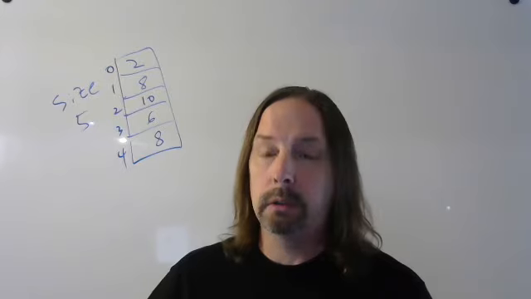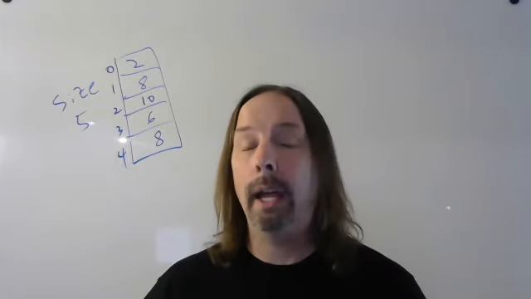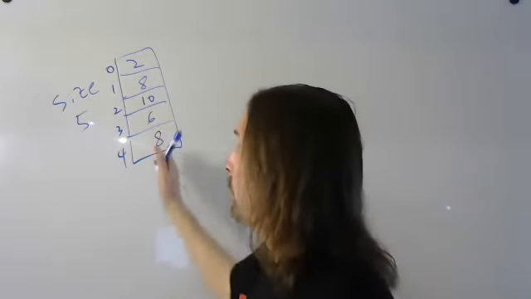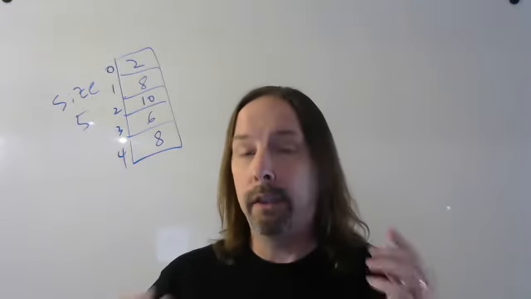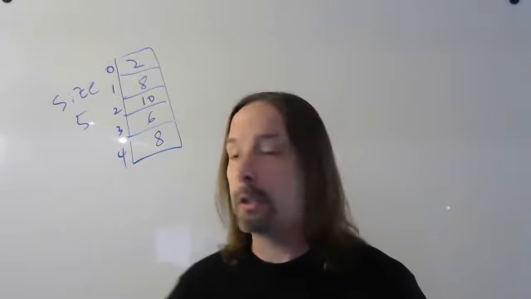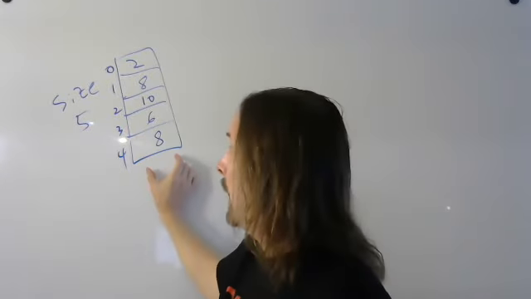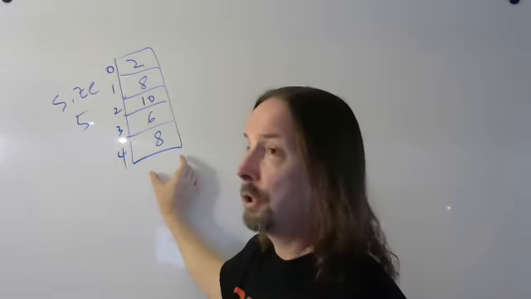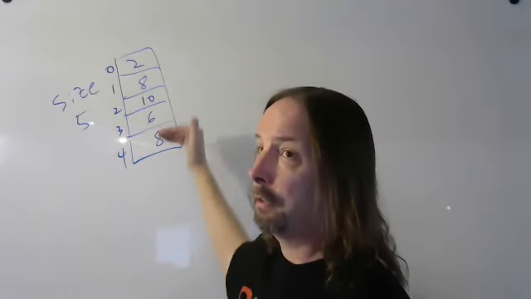So our list, our array is full. So if we want to insert, we still have the valid range of positions from 0 to size, right? But in this case, there's no room to shift anything out of the way.